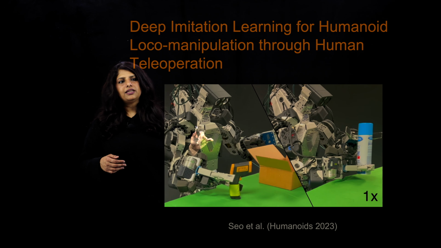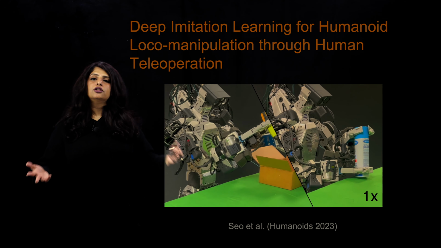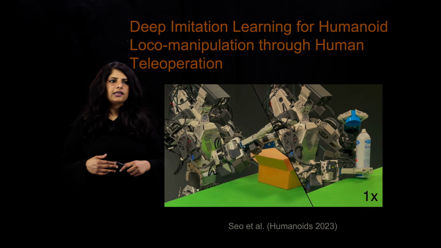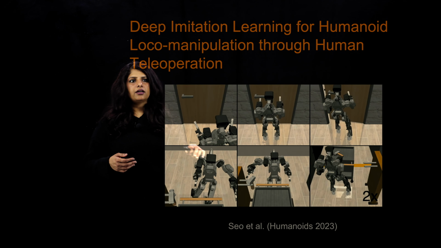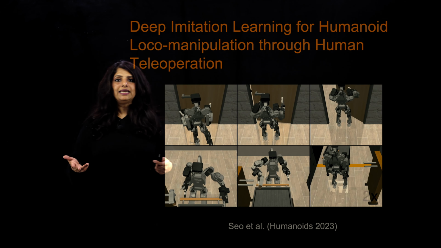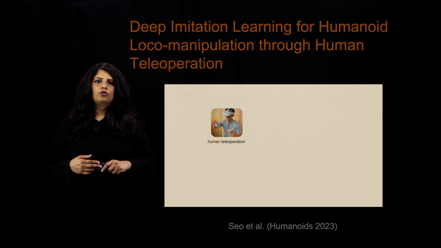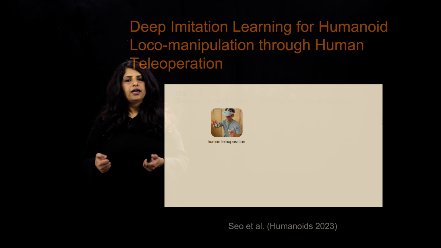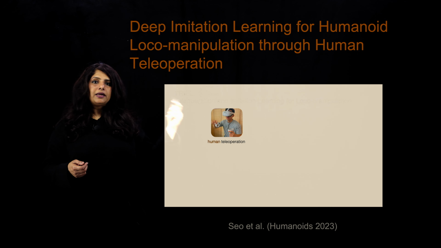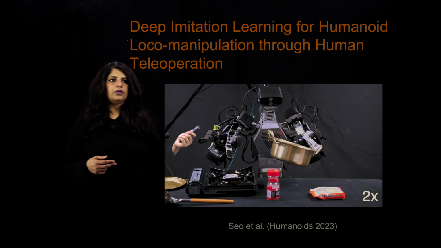The degrees of freedom that come with humanoids are a lot more complex than just robot arms, for instance. Here, the way in which we're able to provide demonstrations then becomes really important, because if we are trying to control a humanoid robot just with, let's say, a joystick controller, we may not be able to control all degrees of freedom really well.